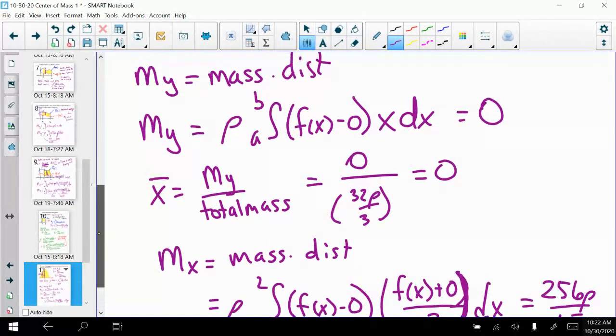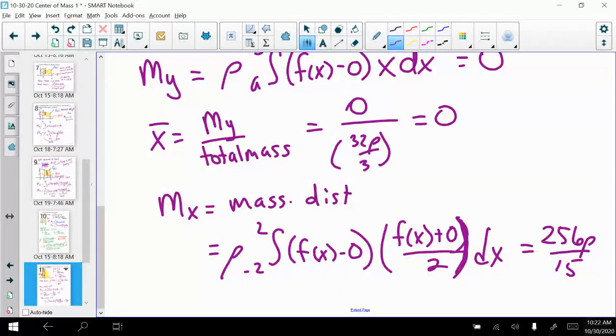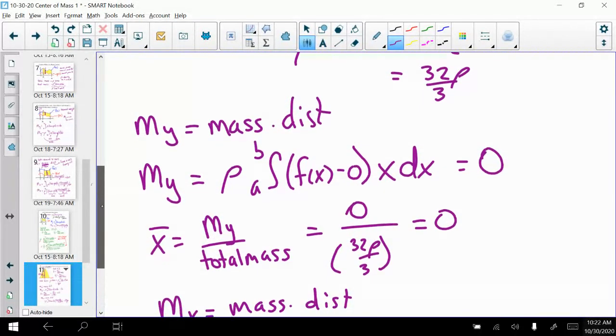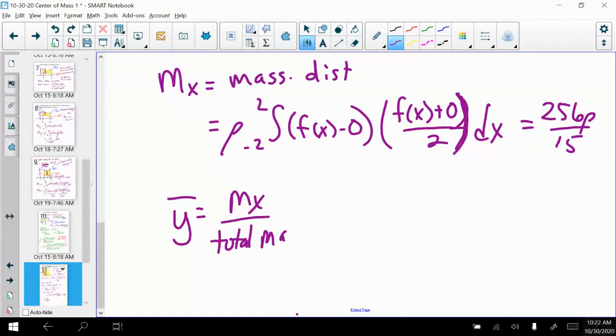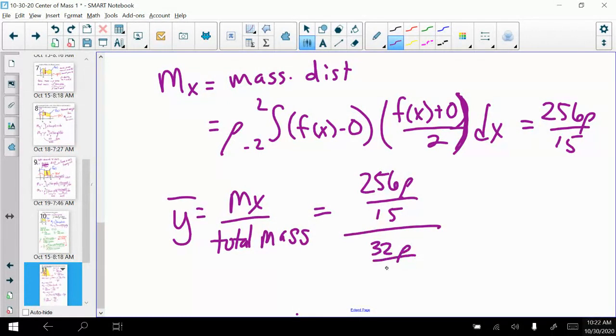That's where I was going with this: my total mass is still the same. So my y bar is mx over the total mass, which gives us that 256 rho over 15 over the 32 rho over 3.